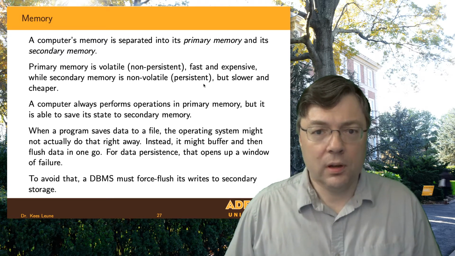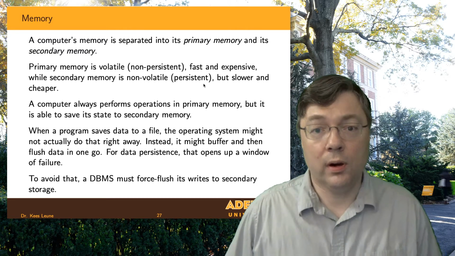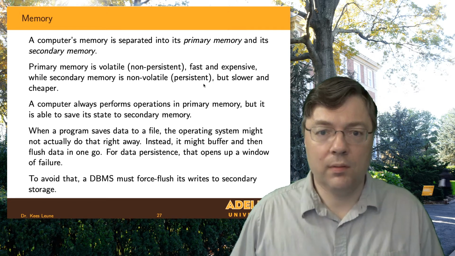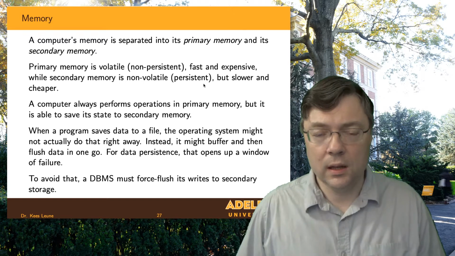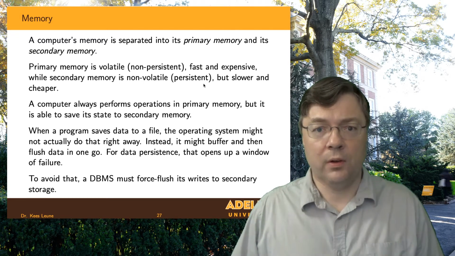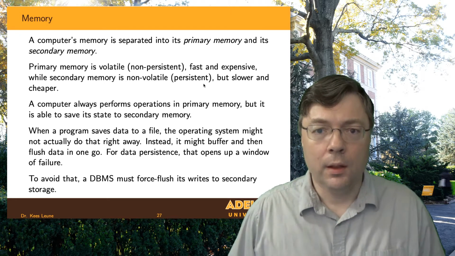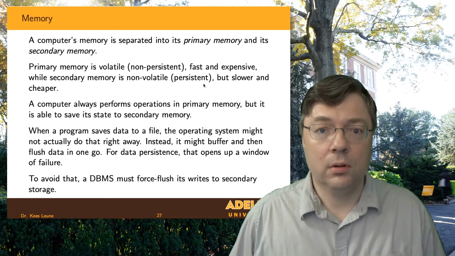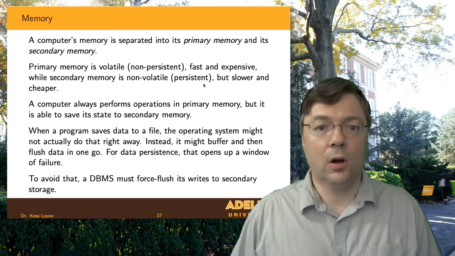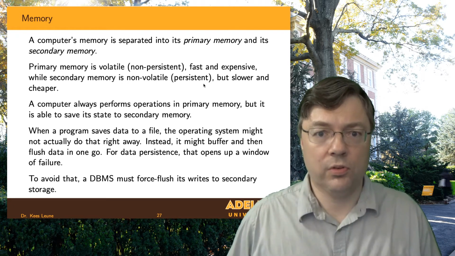And that's especially important when you realize that a computer has two types of memory in general. You have the primary memory and the secondary memory. The key difference is that the primary memory is fairly fast compared to the secondary one, but when power fails, the primary memory's contents are lost and the secondary memory contents are preserved.